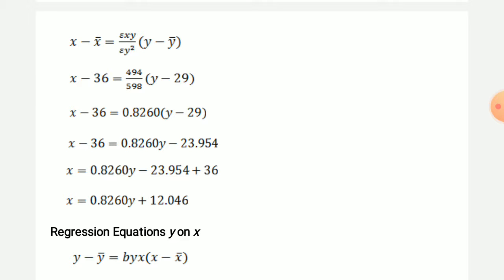Now x minus x bar 36 is equal to sigma xy 494 divided by sigma y square 598 into y minus y bar 29.